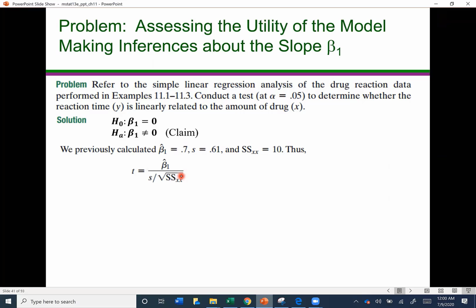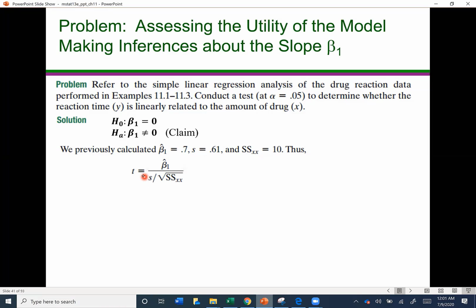My t statistic is given by this formula. That is my evidence minus my expectation, in this case 0, divided by the standard deviation of the distribution of all b sub 1 hat. When we substitute all of these values, because we already obtained them in the previous exercises, we obtained b sub 1 hat, that was 0.7.